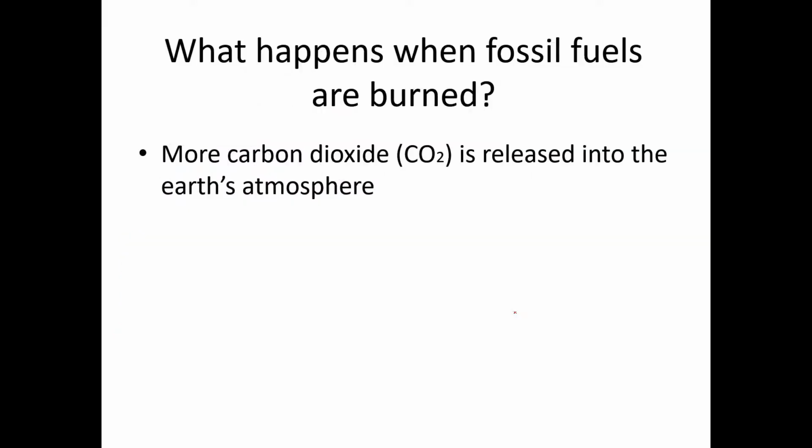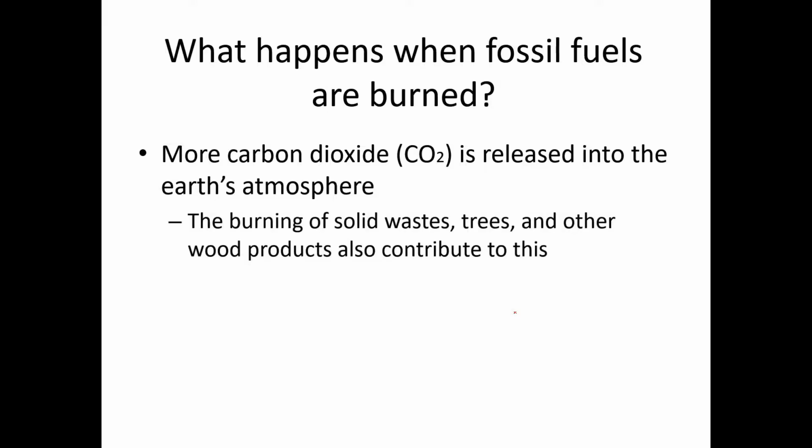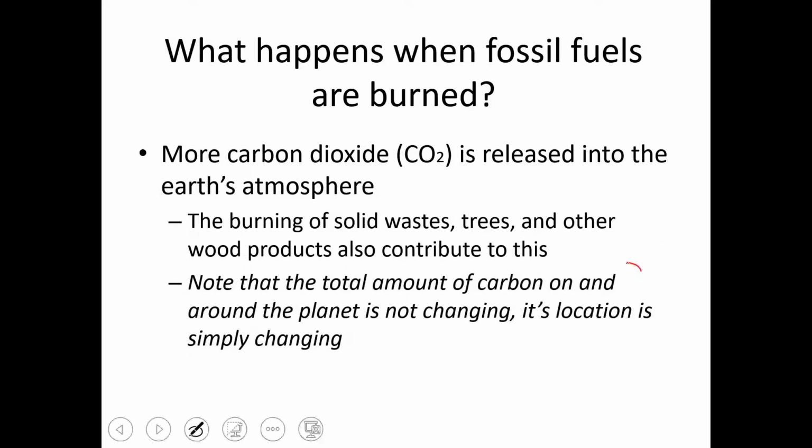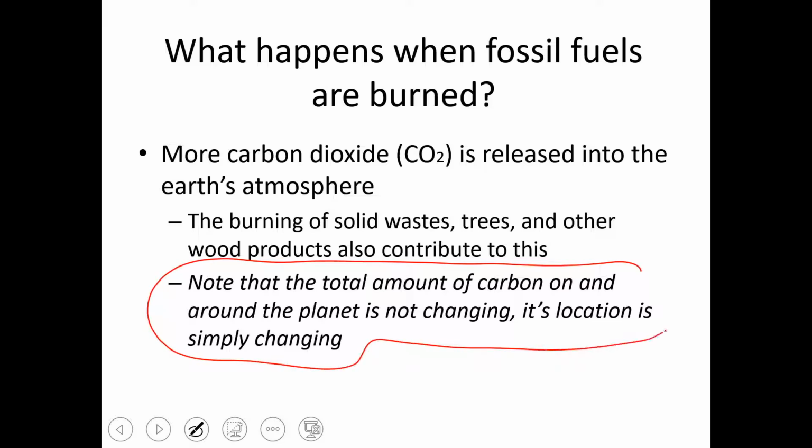As mentioned, carbon dioxide is released when fossil fuels are burned. Burning other things like wood, trees, solid waste, this will also release carbon dioxide into the air. One critical fact to make a note of is that even though we're increasing the amount of carbon dioxide in the air by burning these things, it's not that we're making more carbon.